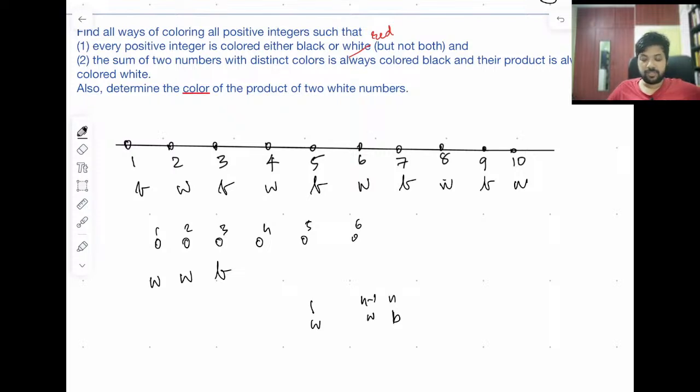Supposing this happens, we are always in trouble, because 1 and n, when you add up, n plus 1 will become black. White plus black is black. The sum of 2 distinct colors is black, rather 1 and n is black, but their product must be white. That's a contradiction. So you cannot have 1 white.